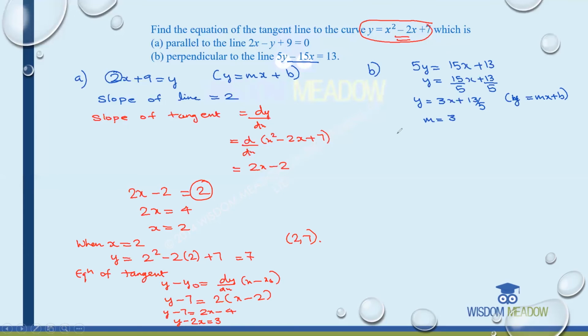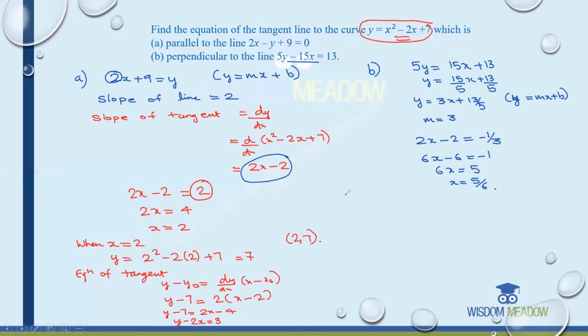Now the slope of the tangent we have already found, 2x − 2. Since it's perpendicular to this line, it is equal to the negative reciprocal of the slope of the line. Now solving for x from here, we know that 6x − 6 = −1. So 6x = 5, x = 5/6.